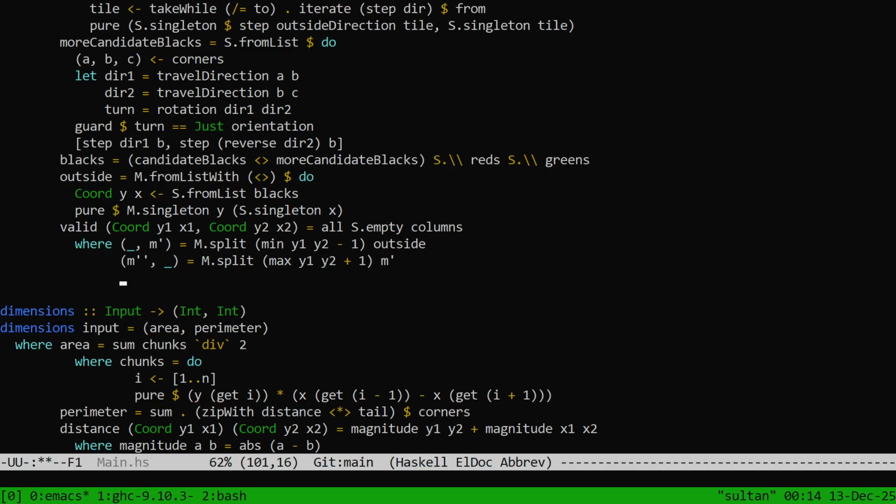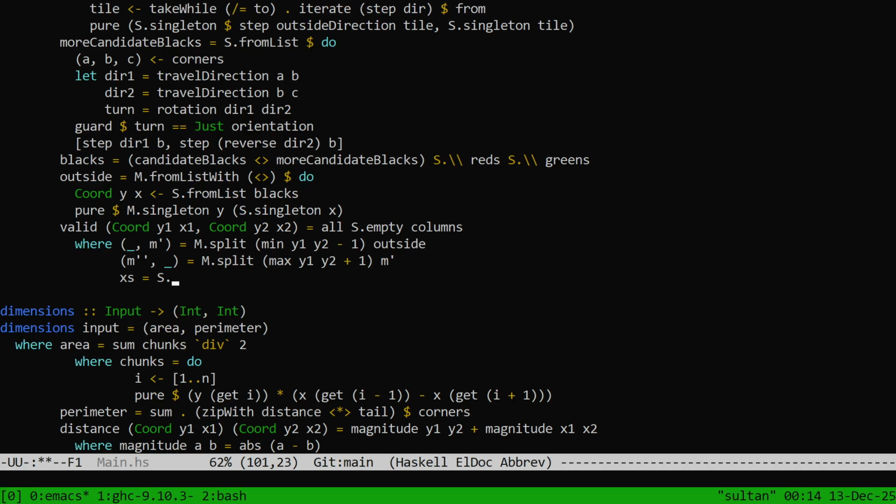But I have then several sets inside my map, and each of them just has x coordinates in it. And I no longer care about y coordinates. So I can just say like x's is S unions?